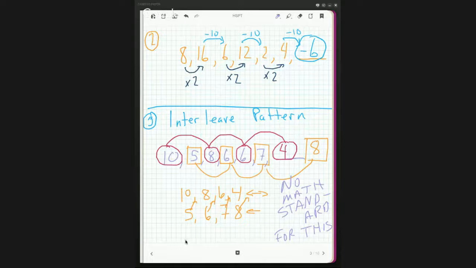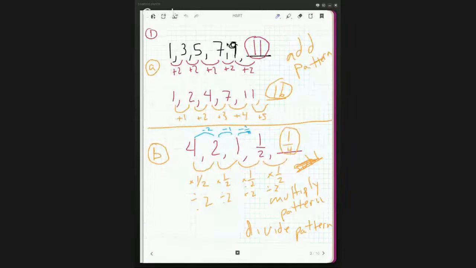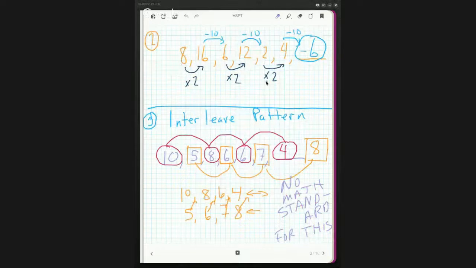The way that I've showed you before, these arithmetic patterns and these geometric multiplicative patterns, these are standards that you will learn at some point in your math career. Number 2 is kind of on the edge, but I still think it's useful to understand. Number 3, an interleave pattern, never seen it. You'll never see it again. But you do have to know it for the HSPT multiple times.